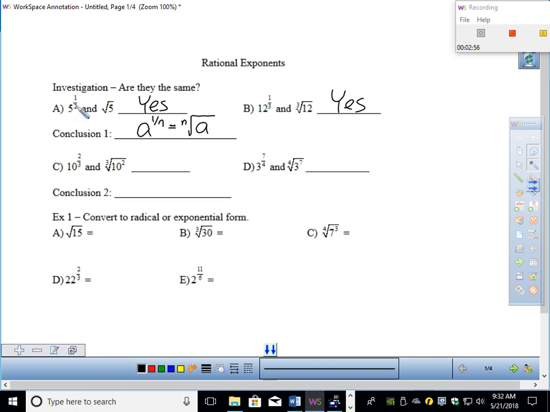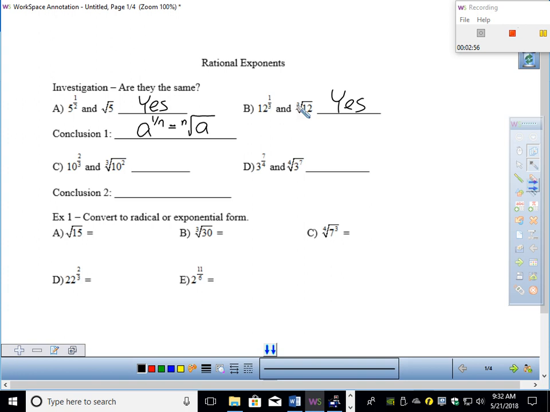In this particular case, if the 2 is the denominator of our fractional exponent, that is the root of the base here. So in this case, the second root, or square root of 5. And obviously, as we saw here, the 3 is in the denominator, and so that would be the cube root as a result. So the denominator looks to be equivalent to the root of that base.